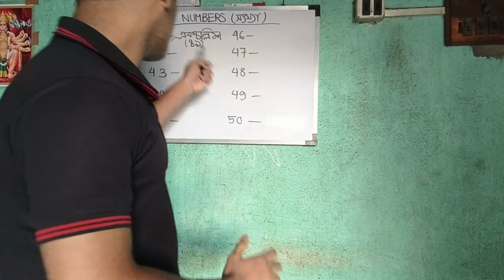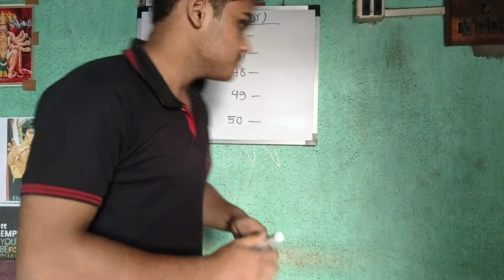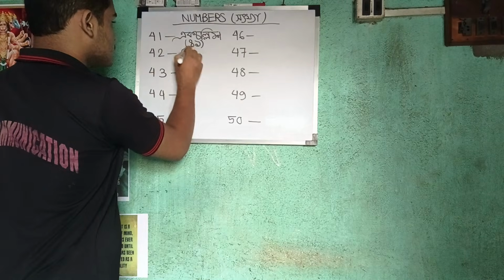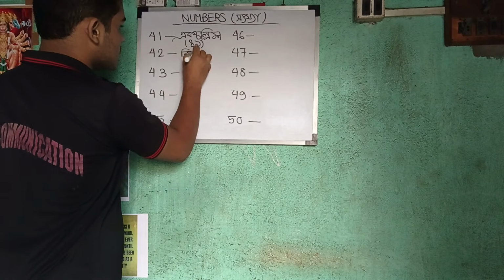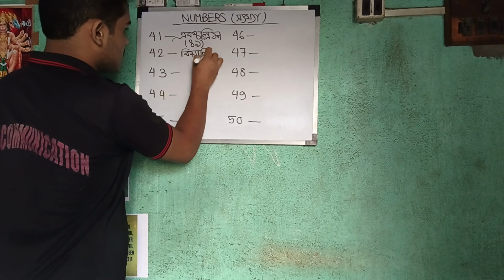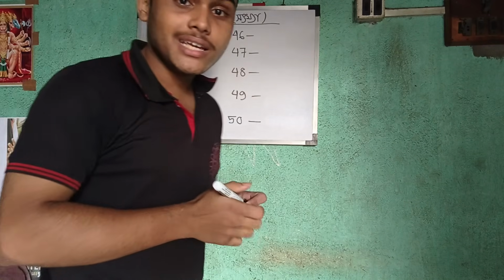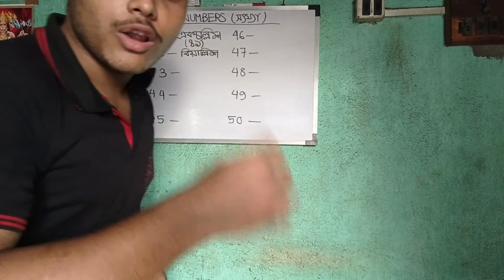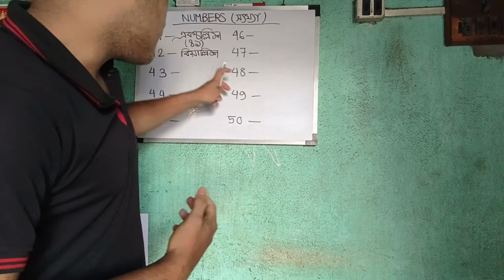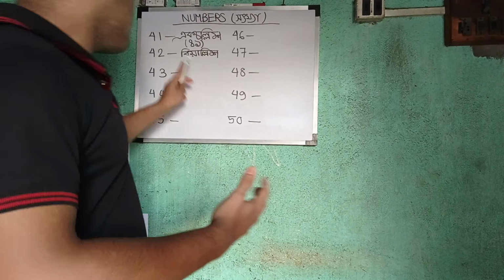So after ekchallish means 41, we have biyallish means 42. Biyallish means 42.